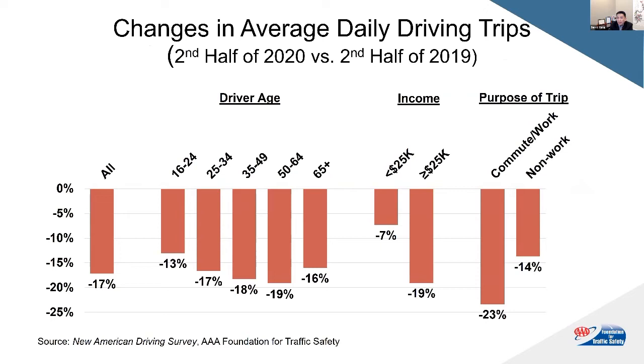But when you break that down by driver age group, income level, and trip purpose, you can see that a lot of people reduced their commute trips from home to work. People with over 25K annual income reduced their trips more compared to people with lower income.